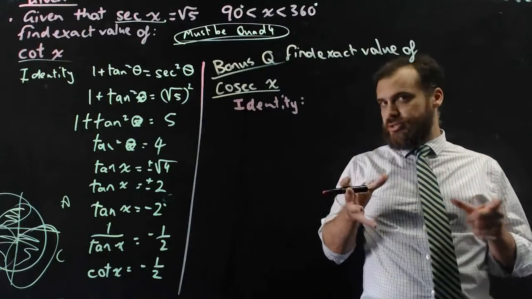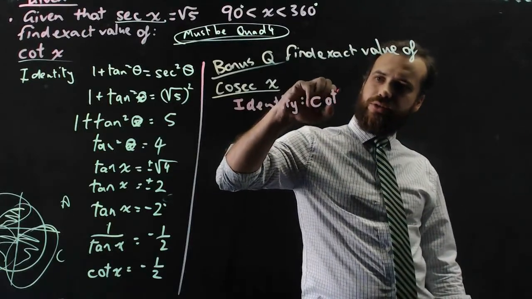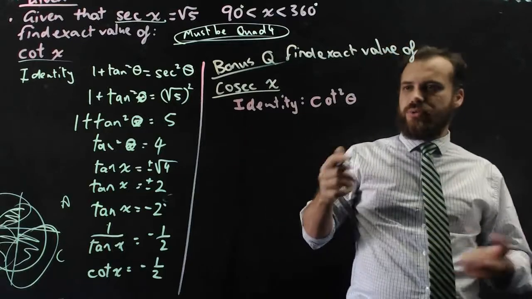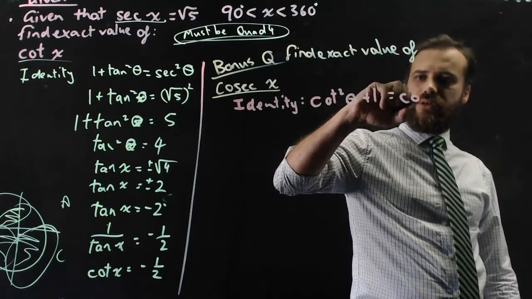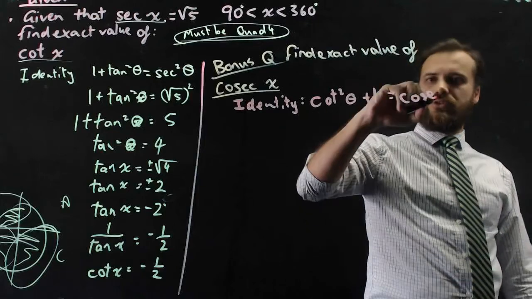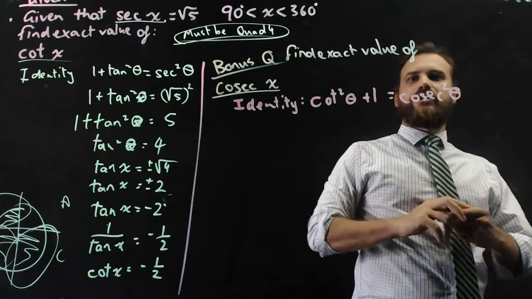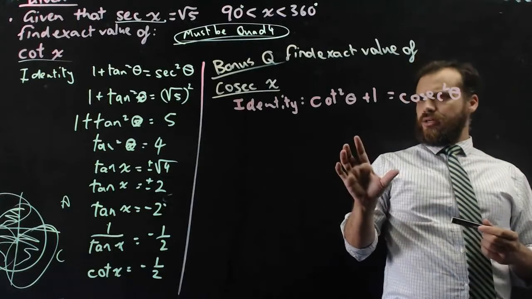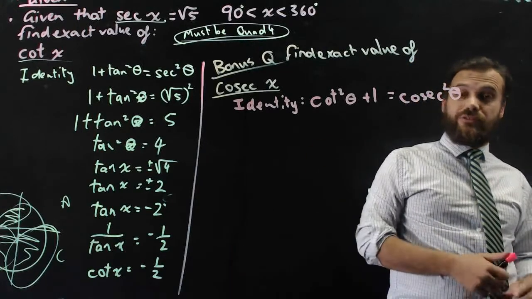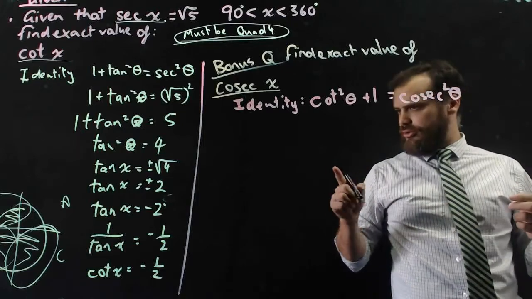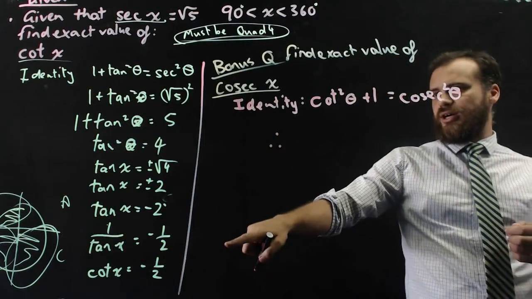The bonus trig identity I'm going to use is cot squared theta plus 1 equals cosec squared theta. I can use the information I've got there, and then it's really straightforward.